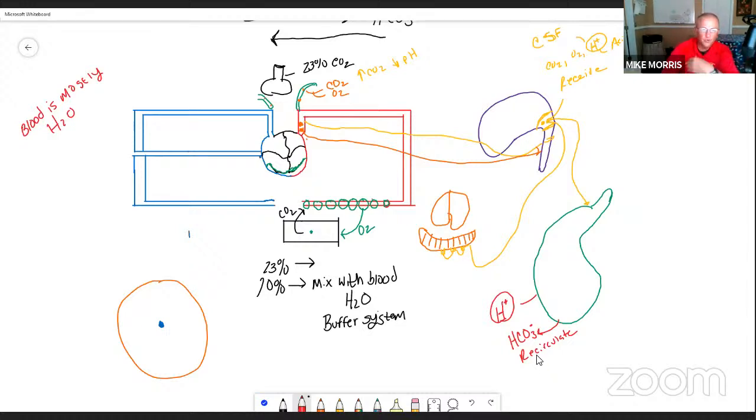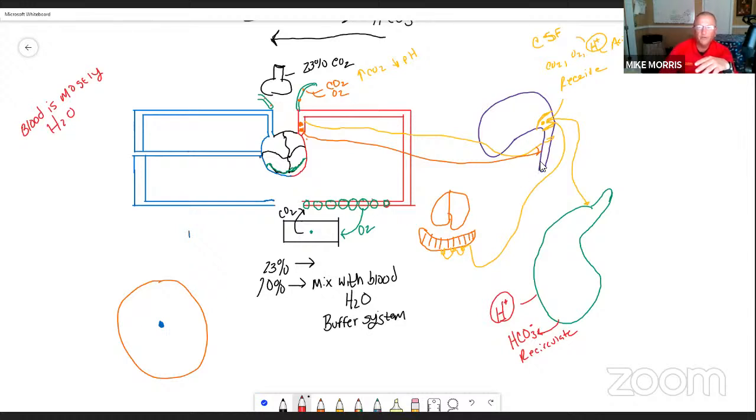So in order to continuously start bringing up the pH, we need to get that pH up because it's too low. We're acidic. We need to not let any bicarbonate leave. We need to keep that bicarbonate in the system. It's extremely important.